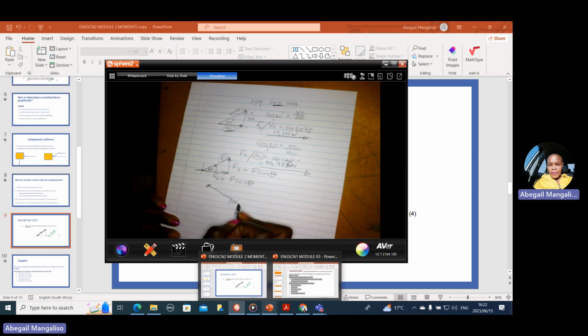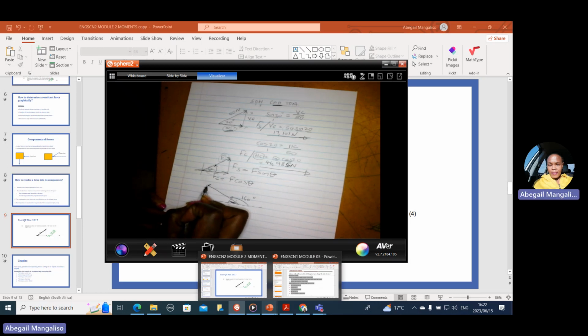Let's say it's an exam, and this angle is given as 160 degrees. This one is not given. SOHCAHTOA or the trig ratio only applies to a right angled triangle, so you cannot close here. This won't be a right angled triangle.